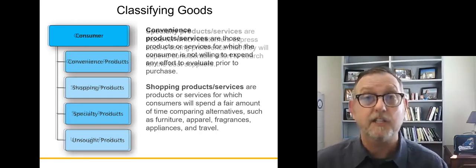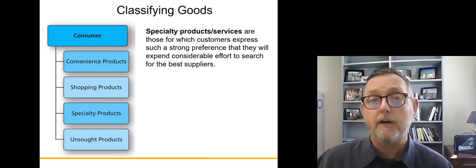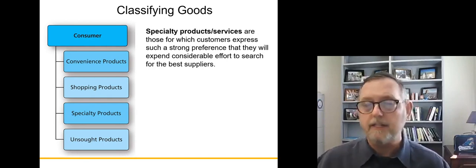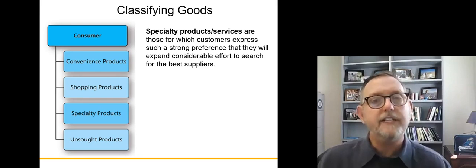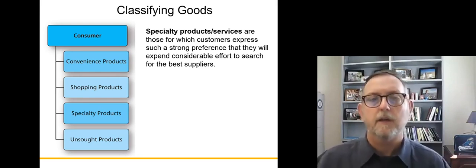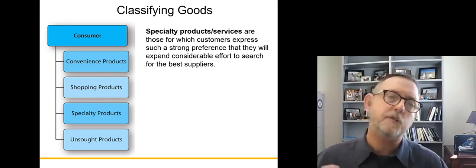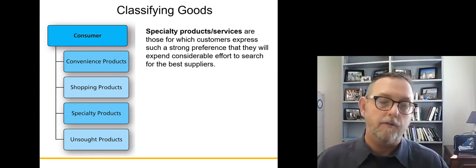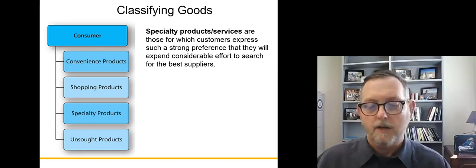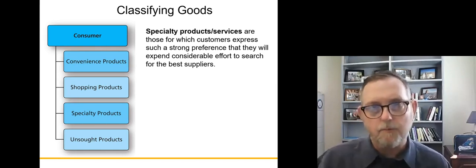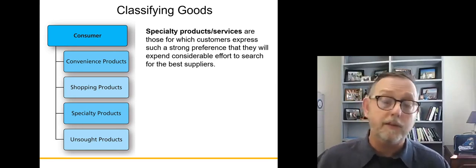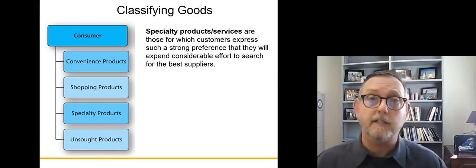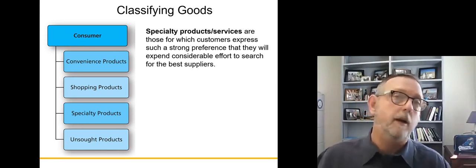Okay. Another category would be a specialty good. Specialty products are products that are very unique in the sense that as a customer, you seek them out specifically. They're usually niche products that are unique, that maybe have special features that you seek out specifically to have. Or maybe they're in a category that is in a special space.